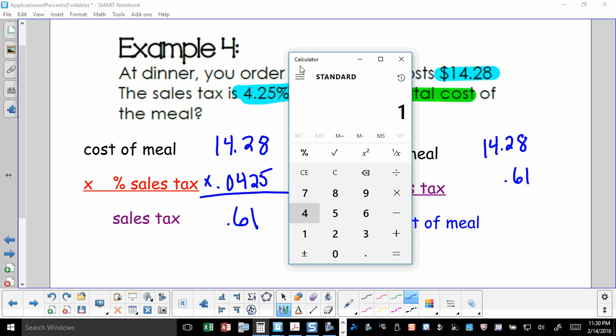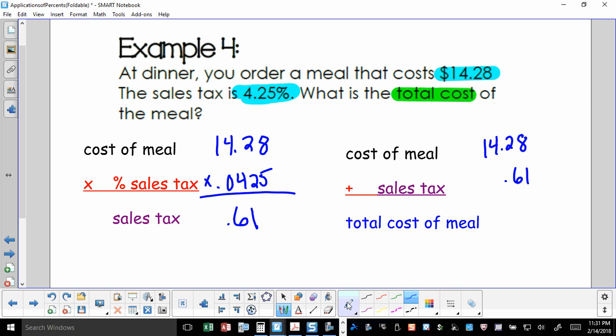So we have 14.28 plus 0.61 is 14.89. So $14.89 is the total cost of the meal.